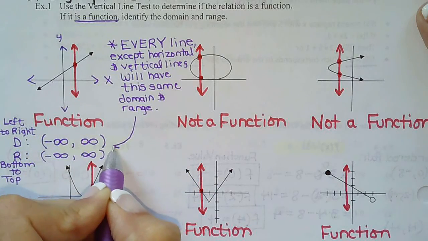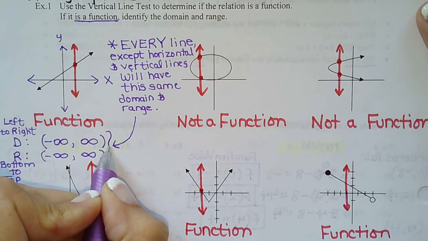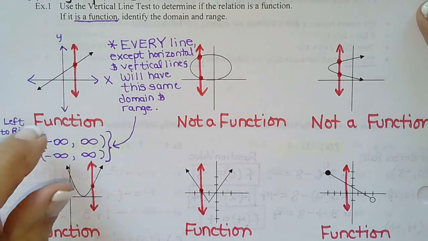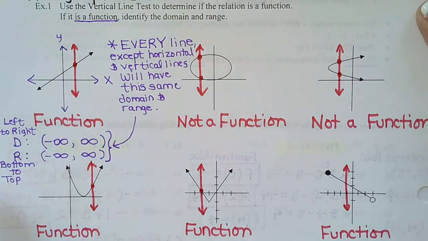So you never even have to think. You see arrows on both ends, that means it goes left forever, right forever, down forever, up forever.